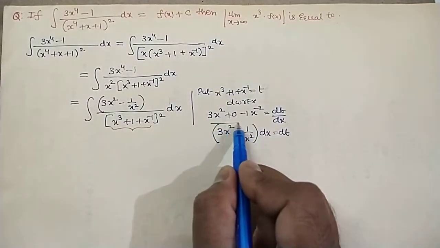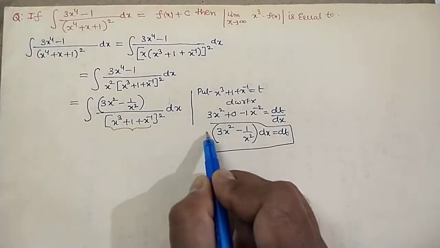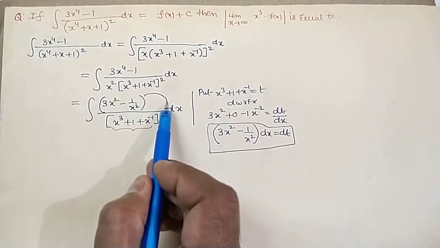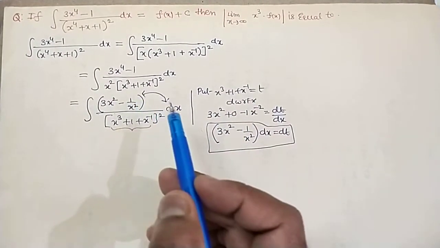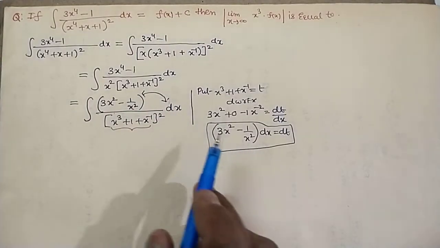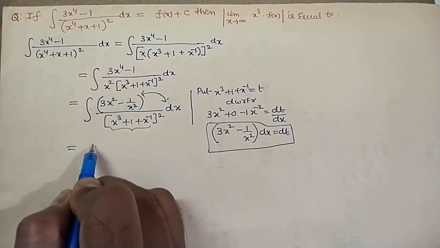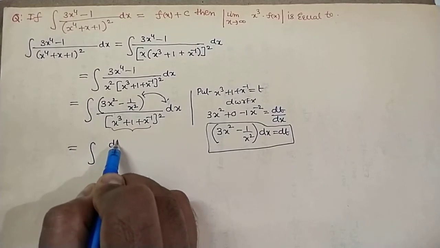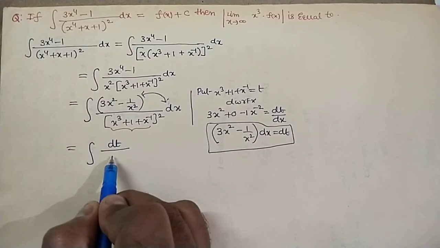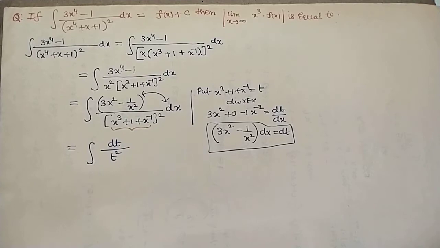Which is there exactly in the numerator, no? This we can assume as a dt. Observe carefully, dear students. In place of that, you can replace with dt. So integral dt divided by t square. We know that integral 1 by x square is minus 1 by x. Why?